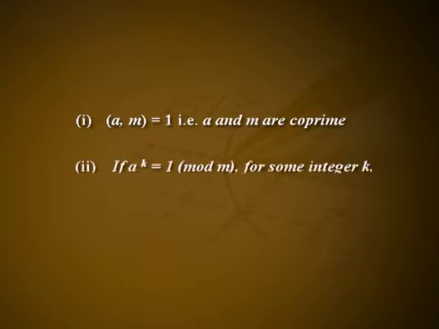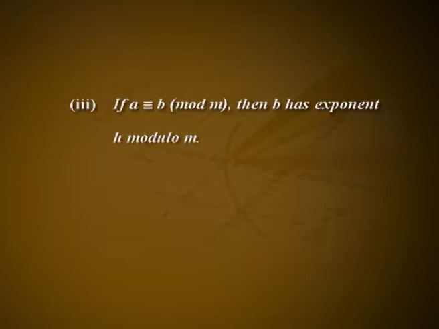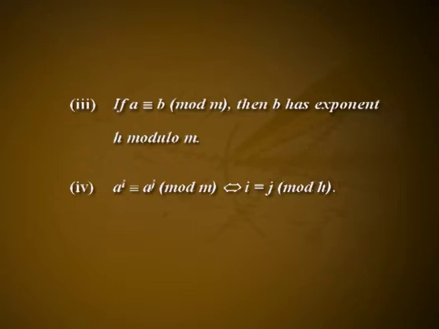If a raised to k is congruent to 1 mod m for some integer k, then h divides k. 3. If a is congruent to b mod m, then b has exponent h modulo m. 4. a raised to i is congruent to a raised to j mod m if and only if i is congruent to j mod h.